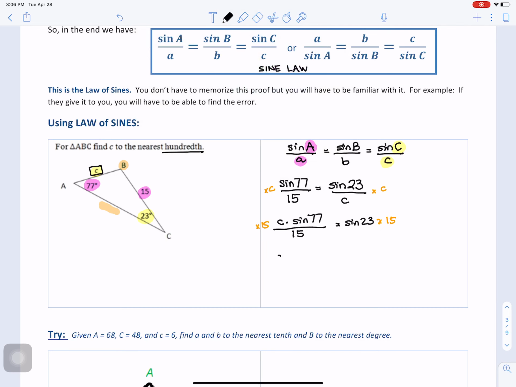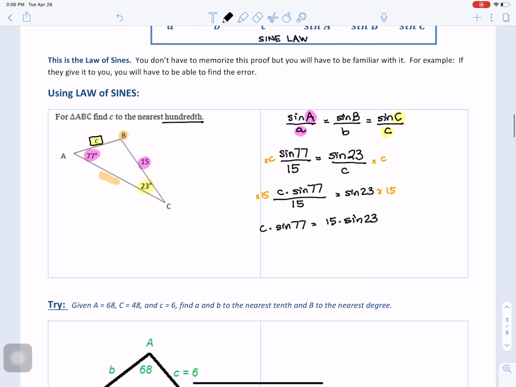So sine 77 times c equals 15 times sine 23. You're seeing I'm using dots to represent multiplication. I want to divide both sides by sine 77, and then I get c isolated. c is equal to 15 times sine 23 divided by sine 77.